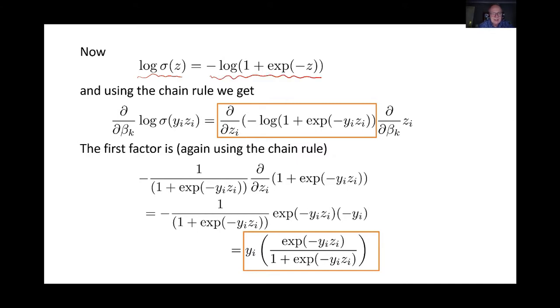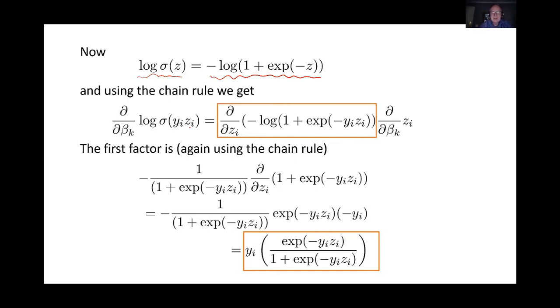I'm going to use the chain rule here because this is a composite function. It's composed of log and sigma, and the argument to sigma is yi times zi, and zi is a function of the betas. So this is a very nested composite function. But we can deal with that because we have what's called the chain rule.